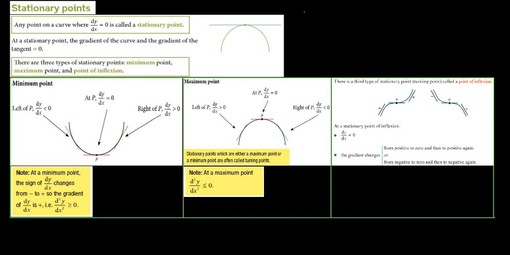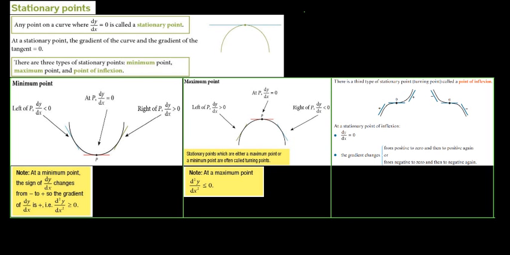Here you can see the gradient changes from positive to 0 and then to positive again. So that means the curve after the stationary point is not bending downwards, it is still rising upwards.